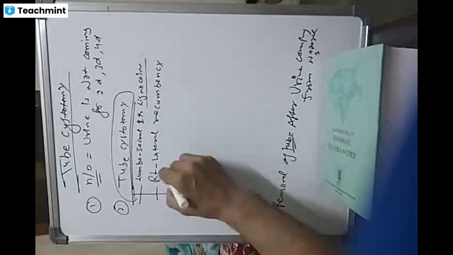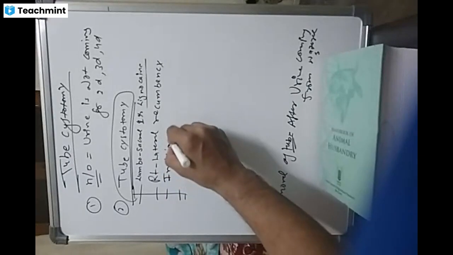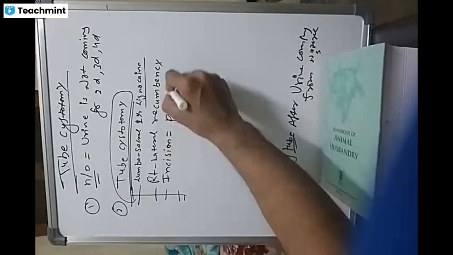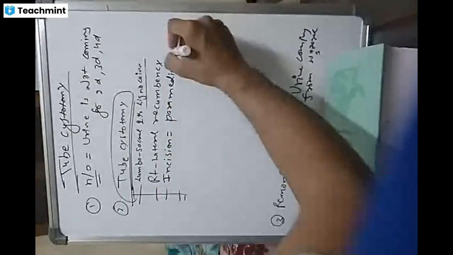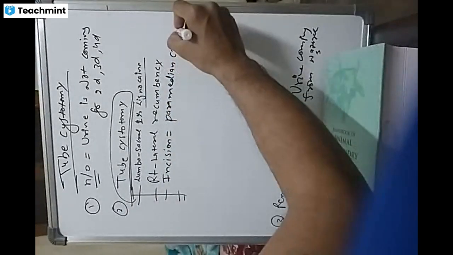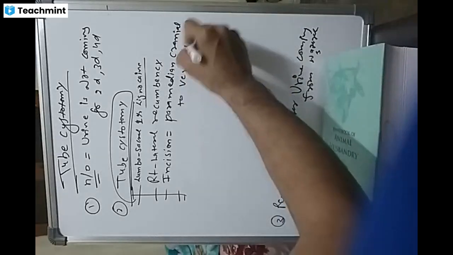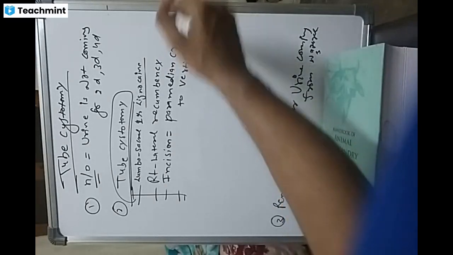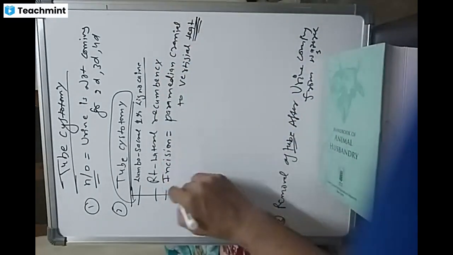Then we make the incision paramedian to the midline and cranial to the vestigial teats, because it is a male animal. So the last teat will do that. This is the incision.